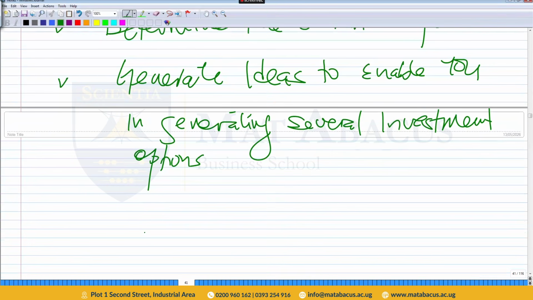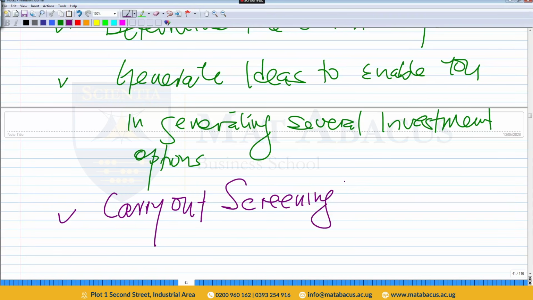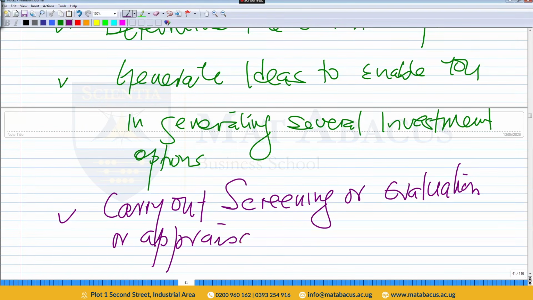Once those ideas are generated, several options have been identified, then you carry out screening or evaluation or appraisal of the investment options above.